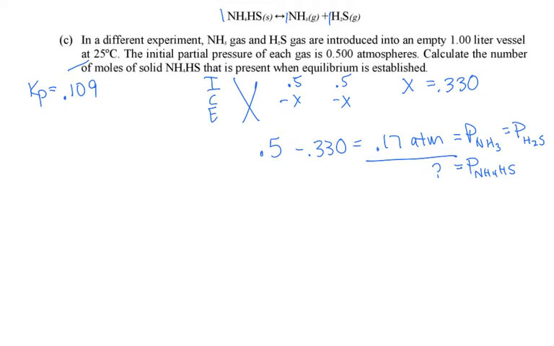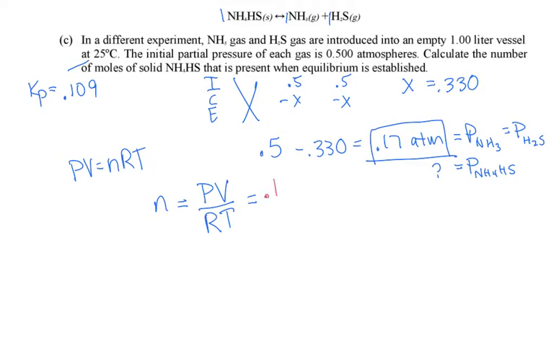So in order to find the moles, according to the ideal gas formula, PV equals nRT. The number of moles is going to equal pressure times volume over RT. So our pressure is the partial pressure of any of these because they're all in a 1-to-1 ratio. So I'm going to write this in red so it'll show up.